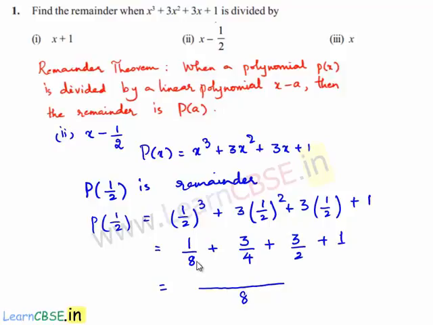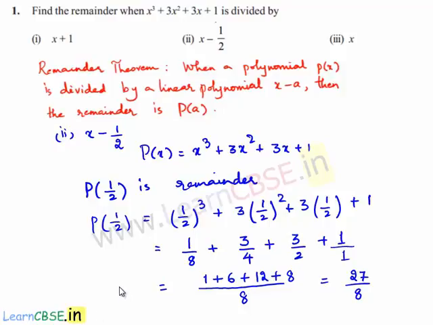So 8 goes in 8 as 1, and 1 multiplied by 1 is 1, plus 4 goes in 8 as 2, 2 multiplied by 3 is 6, plus 2 goes in 8 as 4, 4 multiplied by 3 is 12, plus here the denominator is 1, so this becomes 8, which is 1 plus 6, 7, 7 plus 12, 19, 19 plus 8 is 27, that is 27 by 8.